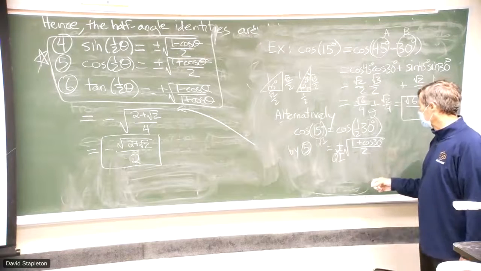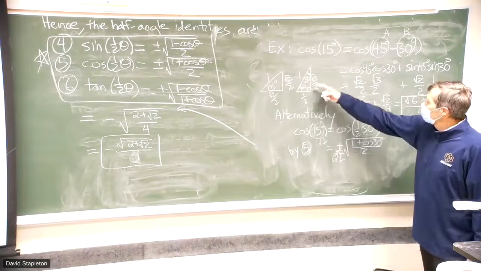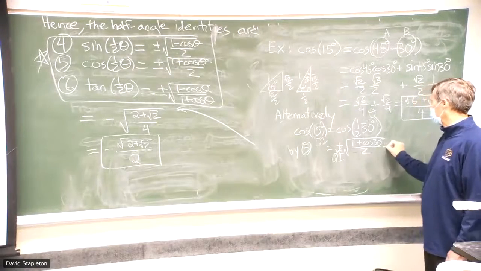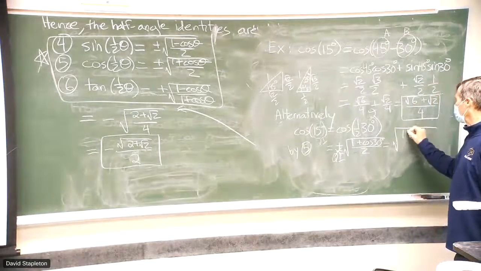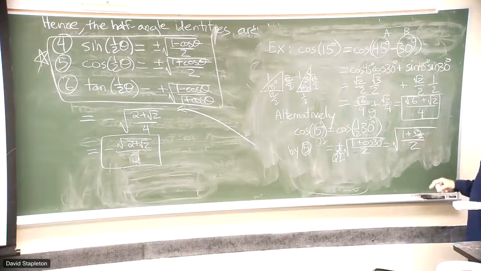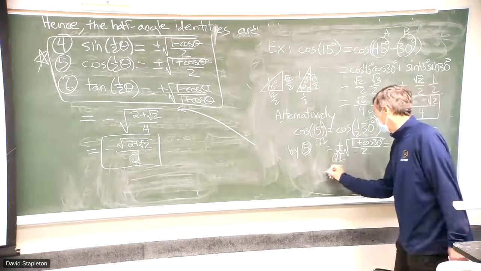And now, let's see, what's cosine of 30 degrees? It's square root 3 over 2 over 1, or square root 3 over 2. So this is plus the square root of (1 plus square root 3 over 2) all over 2. And once again, I've got a compound quotient, so I multiply top and bottom by 2 to get rid of that denominator.